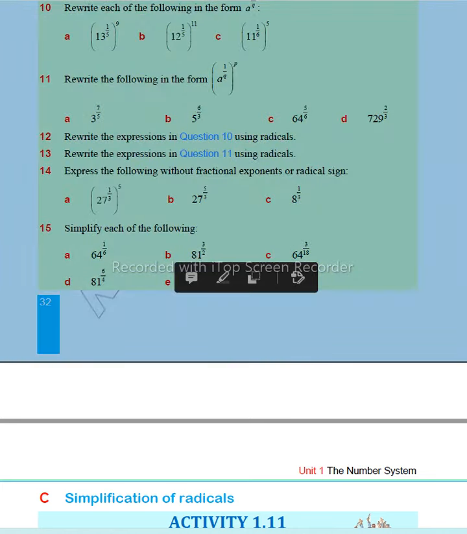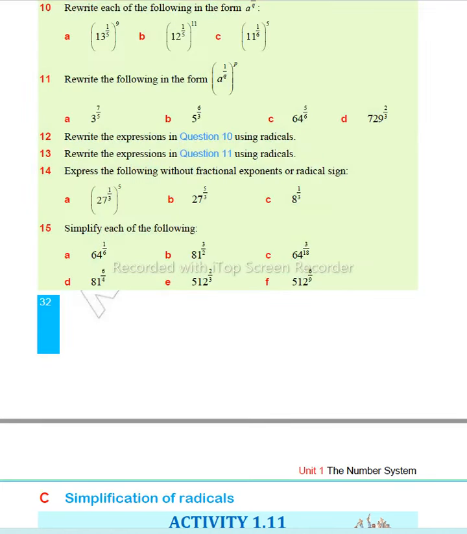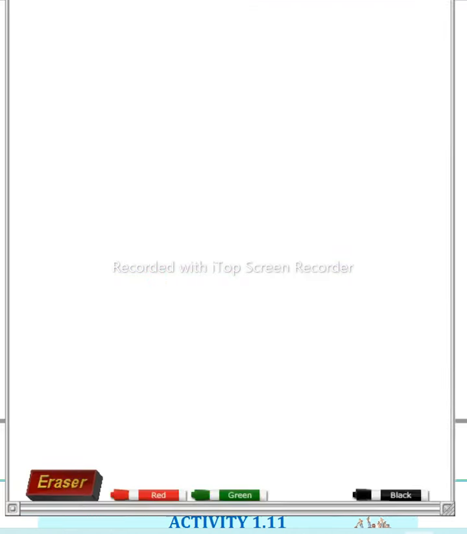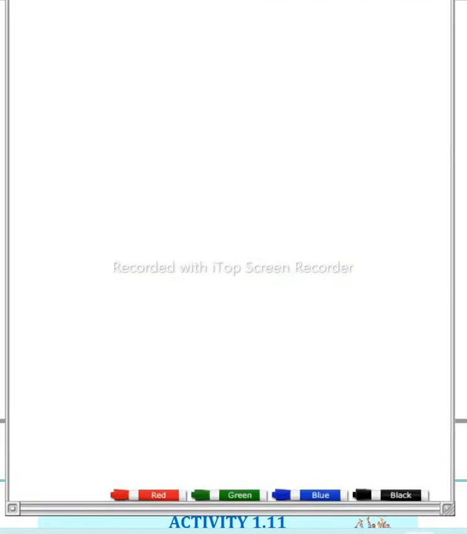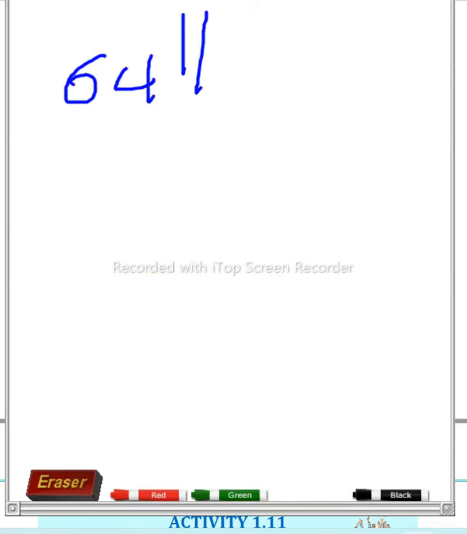It says 64 to the power of 1 over 6. It is very simple. Sorry, there is no bracket. 64 to the power of 1 over 6.